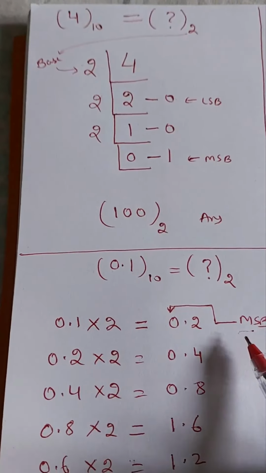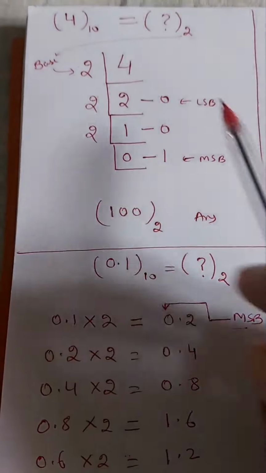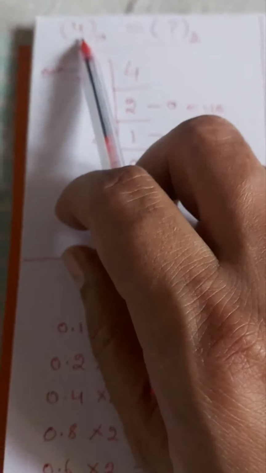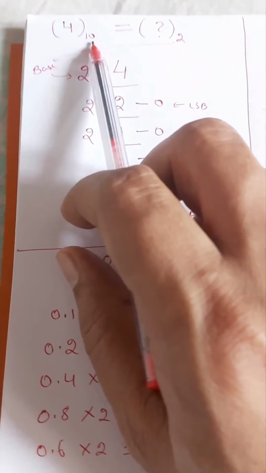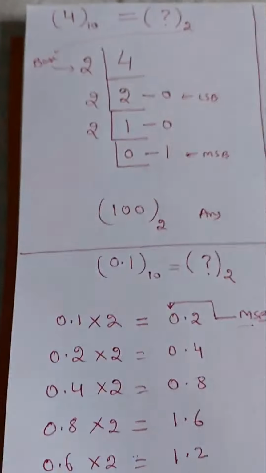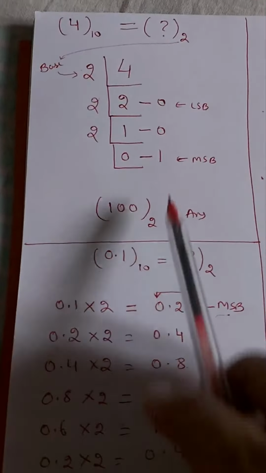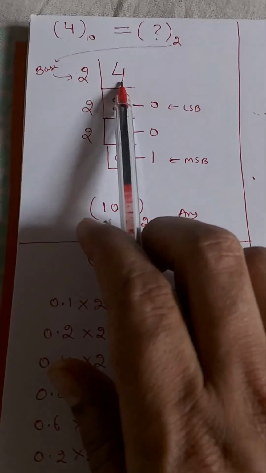There is another way to convert or represent number systems. Suppose we have the number 4 and this is in base 10. How do we write it in binary? We repeatedly divide the number by the base. So the base is 2, the number is 4, and it needs to be represented in binary.